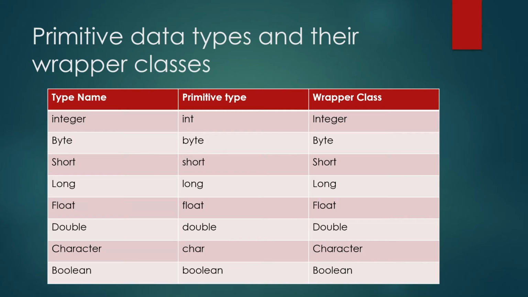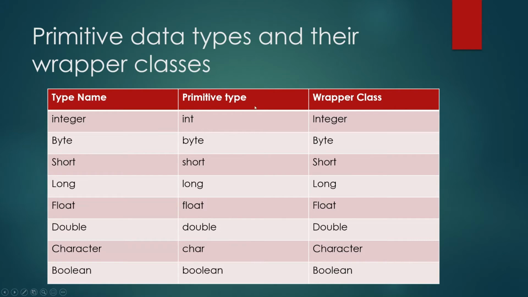This is really useful later on, so keep in mind that each primitive data type has a wrapper class. And the wrapper class contains more information and methods associated with that type. The types we have here are the integer, byte, short, long, float, double, character, and boolean.